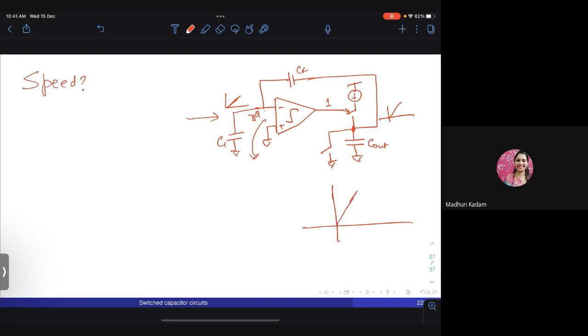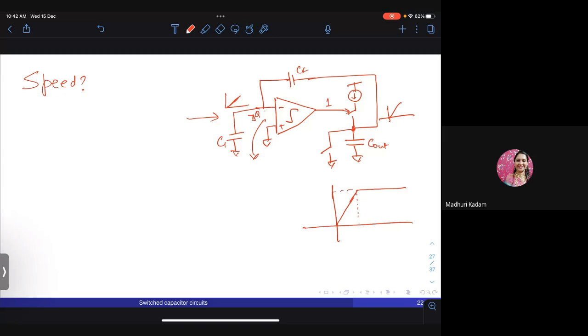Once it charges to a sufficient value that the virtual short condition has been reached, it will settle there and stop, right? So now let us look at this entire mechanism a little more carefully. What exactly happens when the output starts charging up? As the output starts charging up, the comparator will detect that the virtual short condition has been reached, and it will turn the output off.